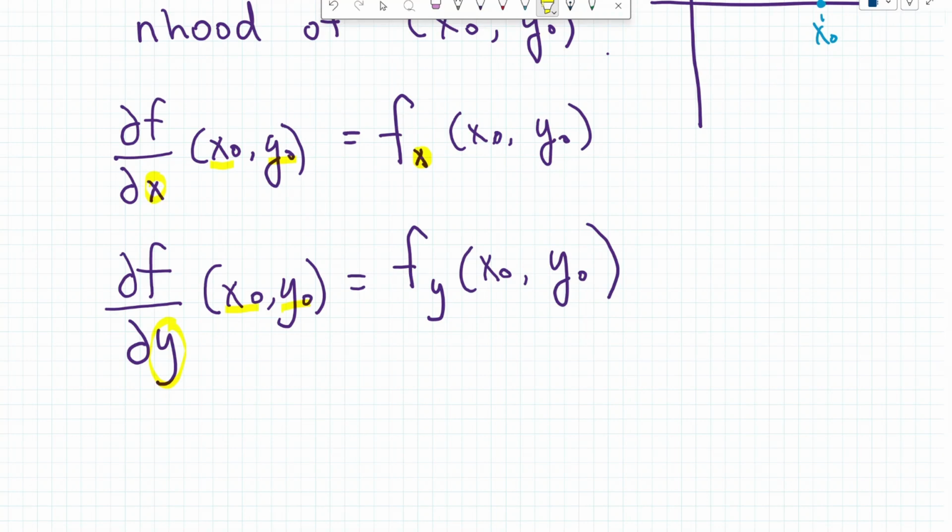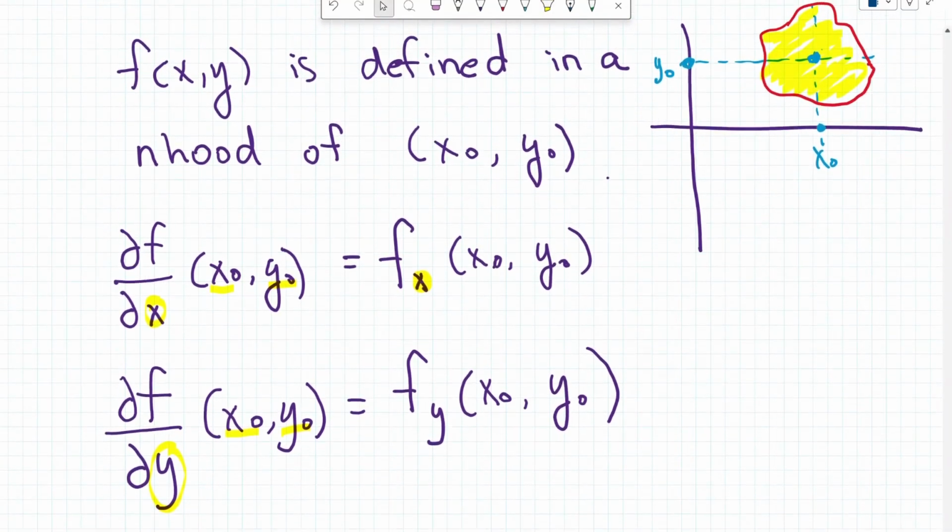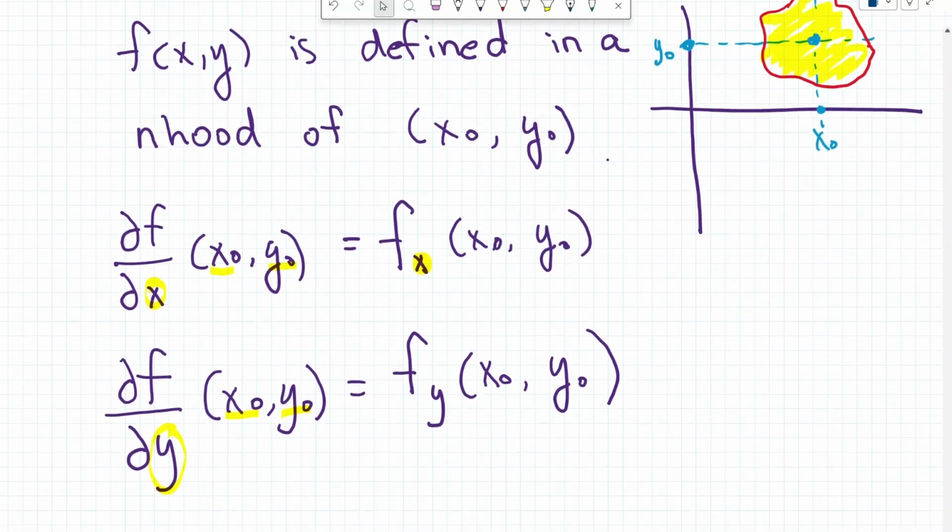So you might be asking at this point, what is a partial derivative? Pretty much, computing the partial derivative reduces to computing a usual derivative by treating either x or y as a constant. So when we look for the derivative of the function with respect to x, we're going to treat y as a constant.